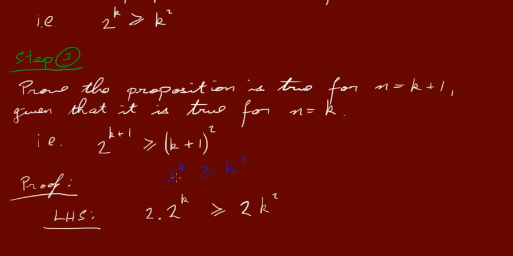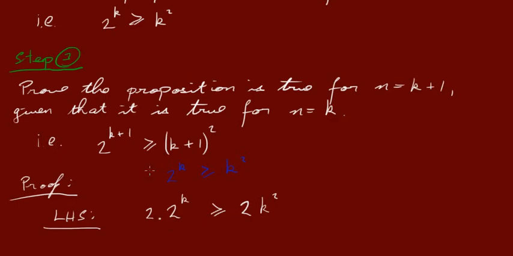So twice 2 to the power of k should still be greater than or equal to twice k squared. So we just multiply both sides by 2 if you like. But this is what we want to prove here, and all I've done here is just simply split this up into 2 times 2 to the power of k. And that should be greater than or equal to 2 times k squared. So that's our left-hand side there.